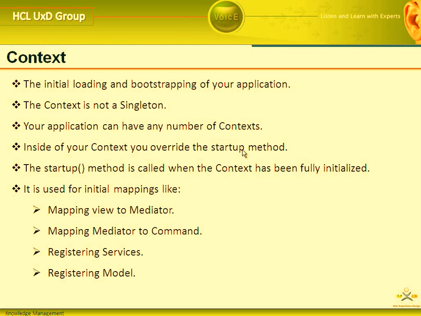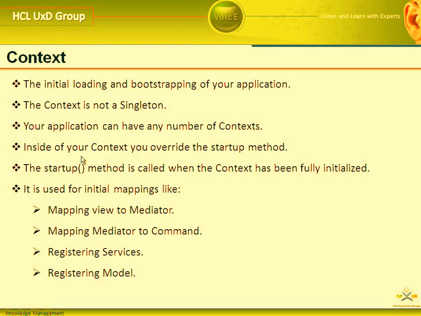In the RobotLegs framework, the first one is context. The initial loading and bootstrapping of your application is nothing but the context. The total initial mappings will be placed under this class, and it is the same as ApplicationFacade in pure MVC. But a context is not a singleton class.